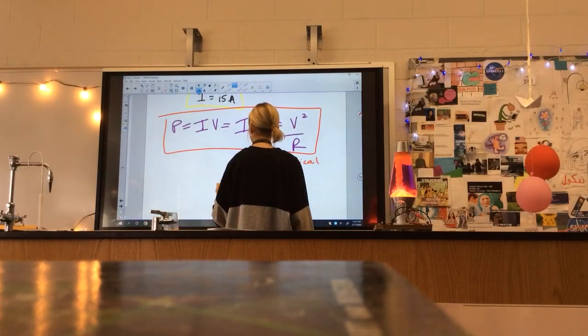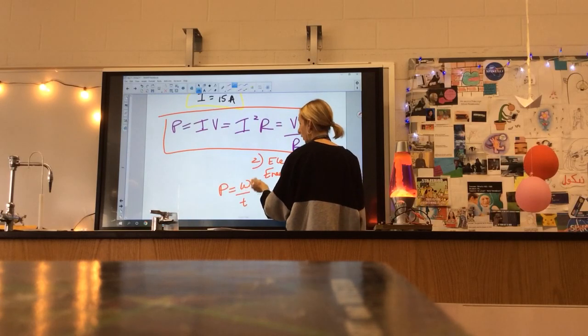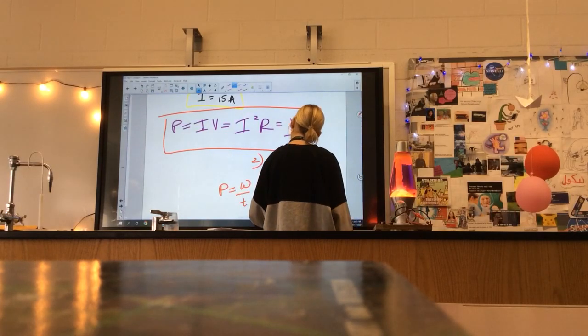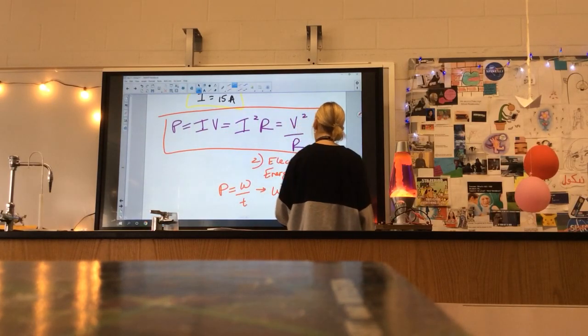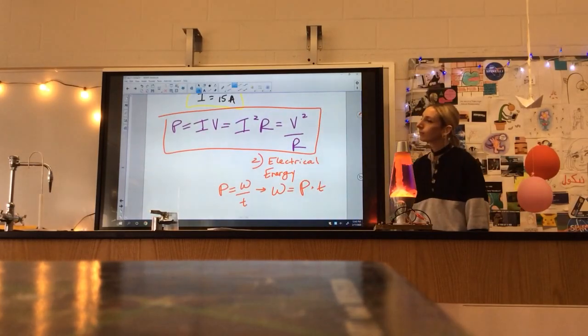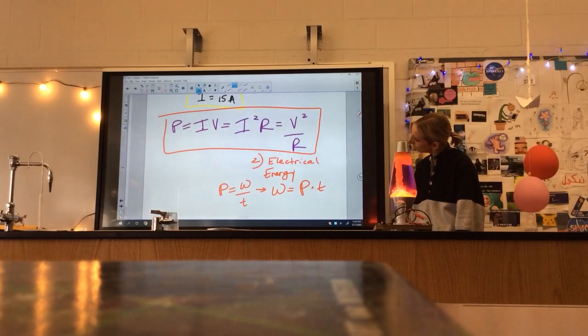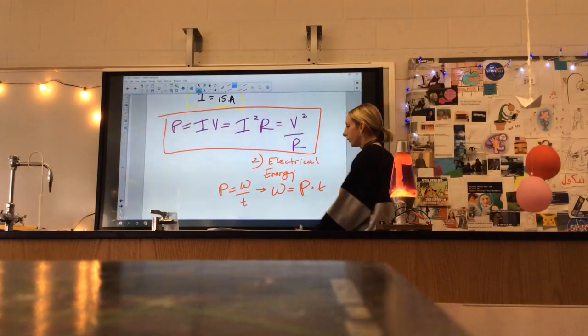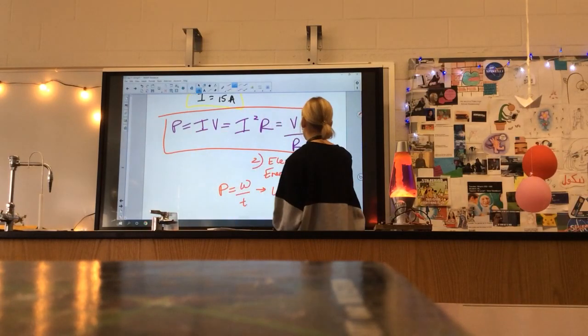So if P is equal to W over T, or work or energy per unit time, then energy is simply equal to the power times the time. Okay.